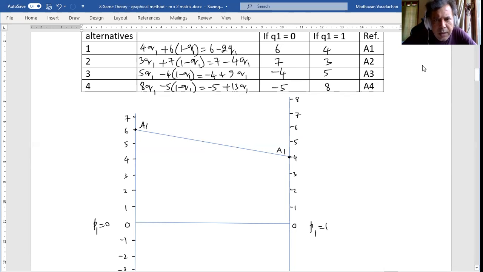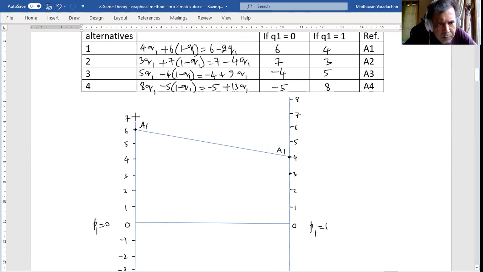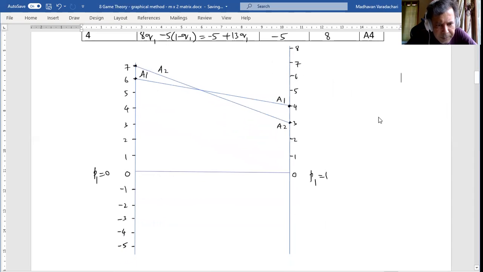Left side is 7, right side is 3. Let me join those 2 points. That is our A2 line. Then left side is -4, right side is 5. Join those 2 points.